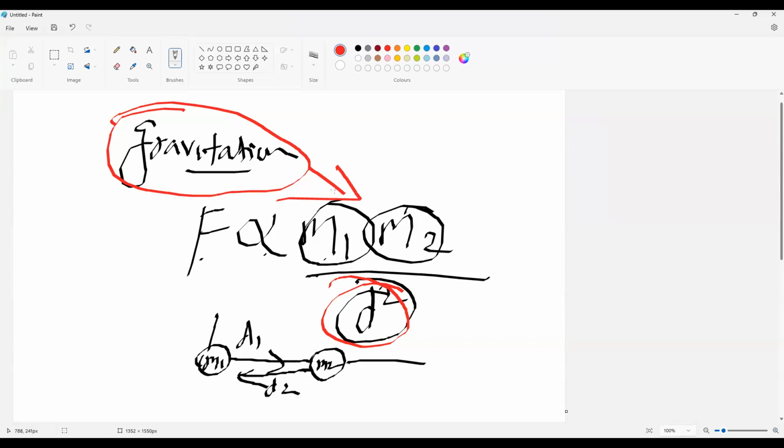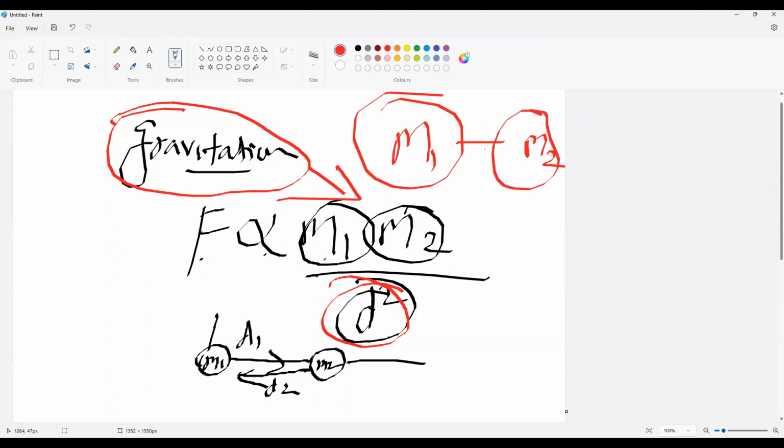Is that clear to all of you? Gravitation is the force between mass 1 and mass 2. Mass 1 is an object, mass 2 is an object, and this is the force between these two objects. The concept is told like this.